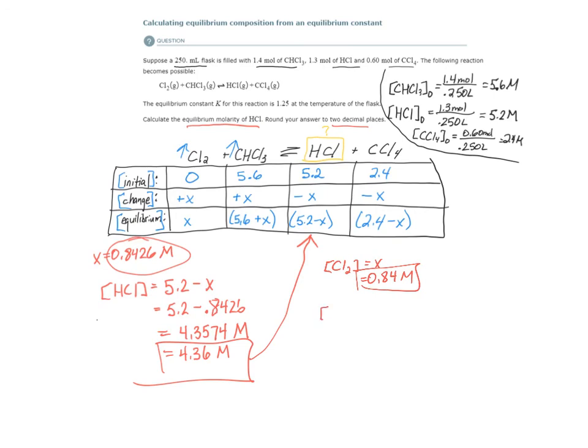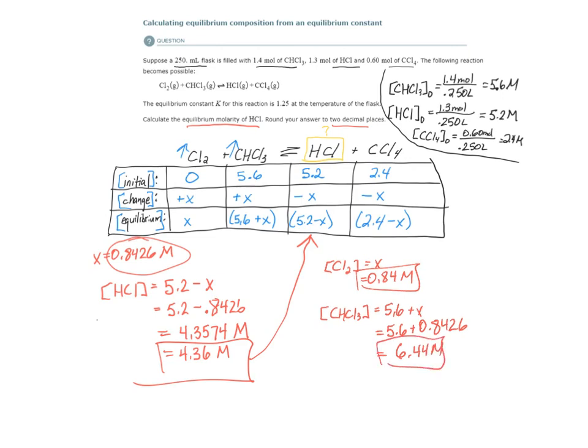The equilibrium concentration of CHCl3 is equal to 5.6 plus X, which is 5.6 plus 0.8426, which is 6.44 molar.